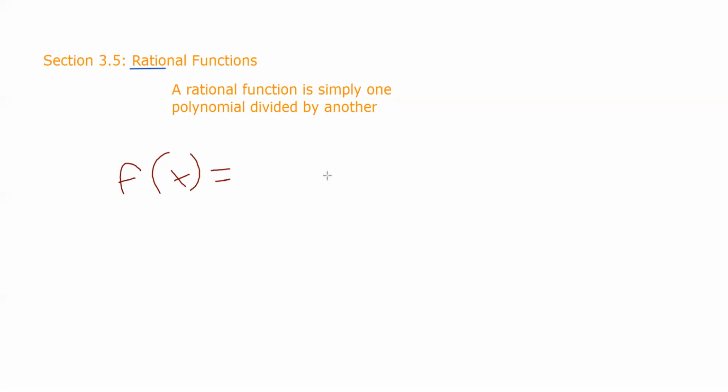So let's say you had a rational equation. These are just some examples you could have. For x squared plus x plus 1. That's an example. You have a cubic or third degree polynomial divided by a second degree polynomial.